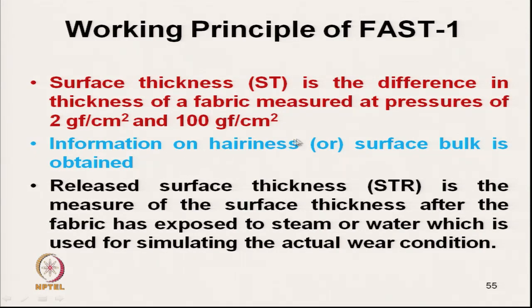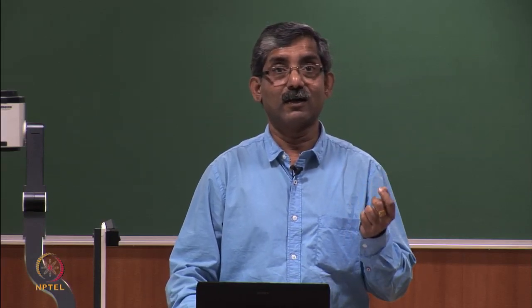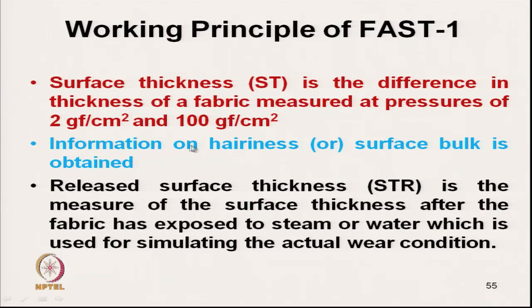So, this gives the characteristics of hairiness. Another characteristic from the same parameters, that is the difference between the thickness at 2 gram force per square centimeter and 100 gram force per square centimeter, gives another parameter which is called released surface thickness, STR, surface thickness released.